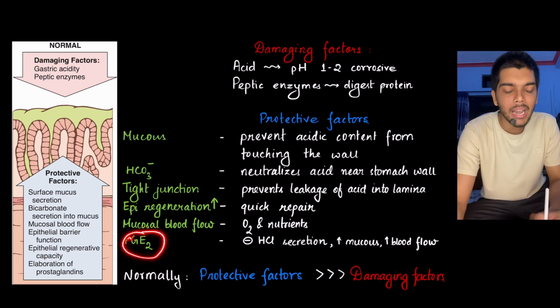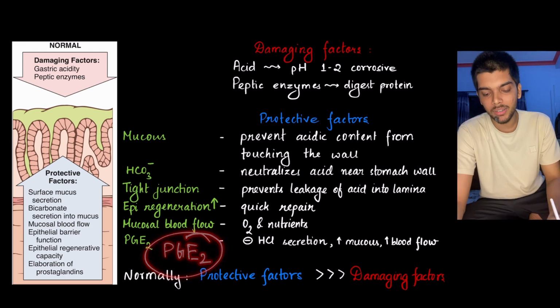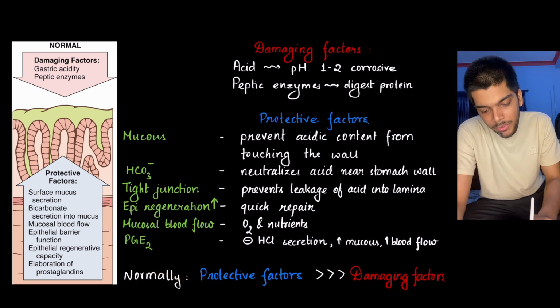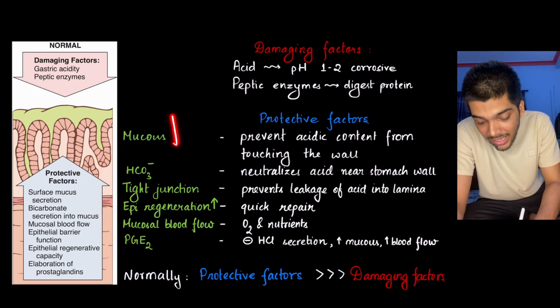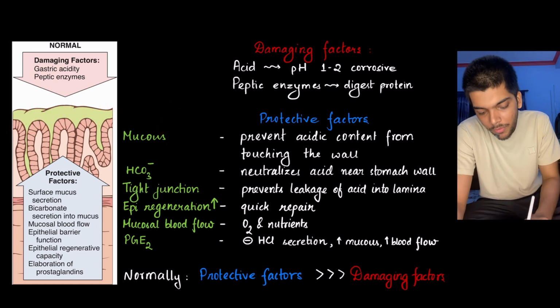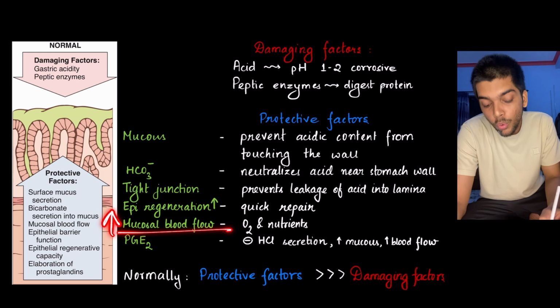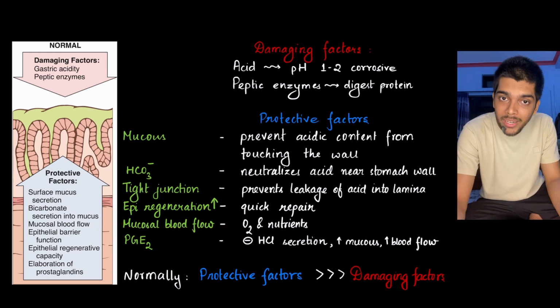Lastly, prostaglandin. A specific prostaglandin like prostaglandin E2 has many functions, or shall I say it is involved in almost all of these functions. It is responsible for increasing mucus, thickening mucus. It is responsible for epithelial regeneration. It is responsible for increasing mucosal blood flow as well. When there is more blood flow, there is easy repair.